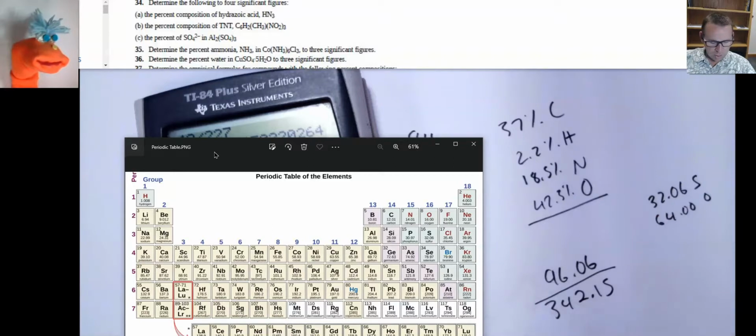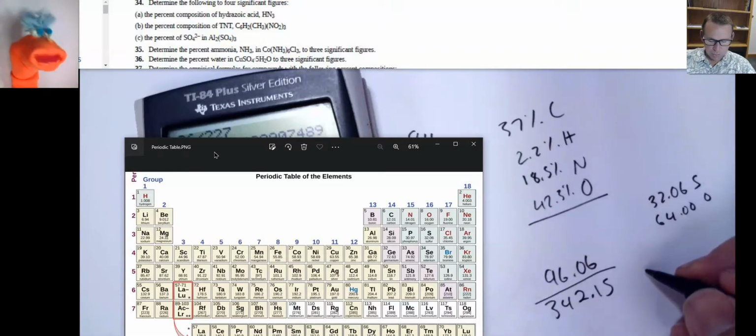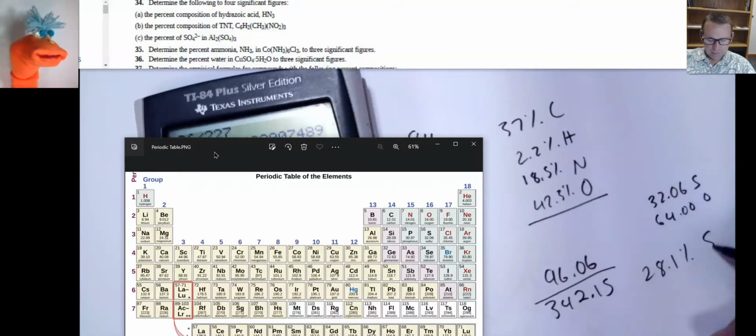divided by our total, 342.15. 28.1%. 28.1% of that stuff is made of sulfates. Is that right? Well, there's 3 sulfates. You're right, there are 3 sulfates. If it was just 1 sulfate, that would be the 28.1%.